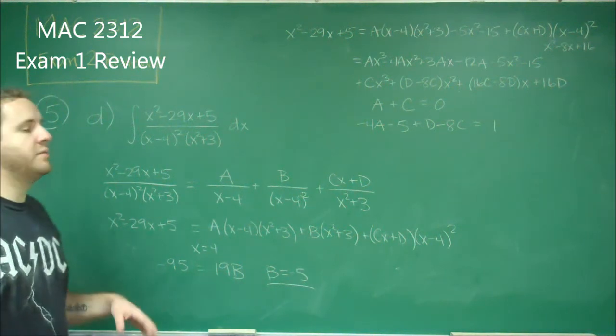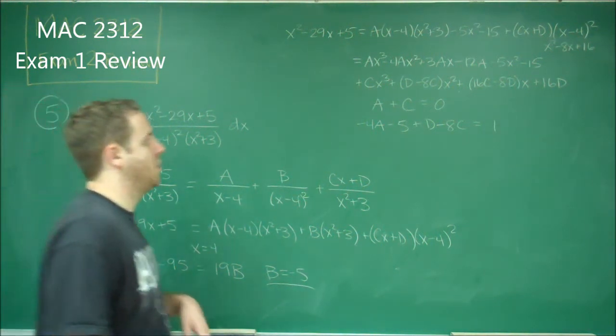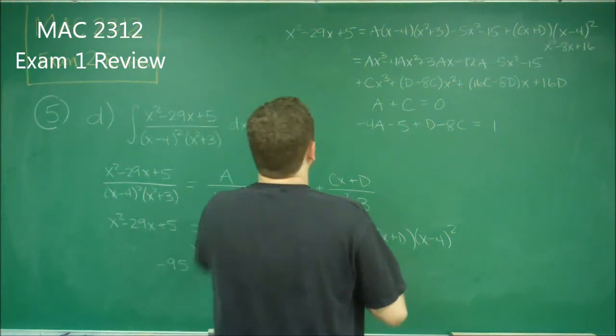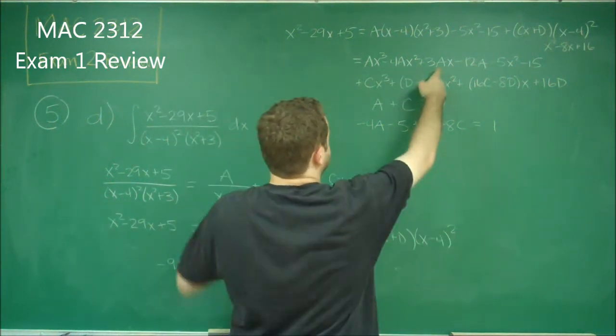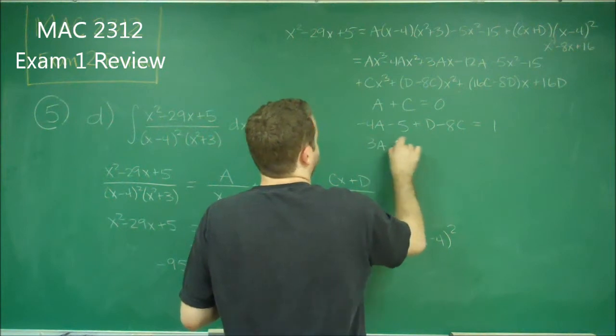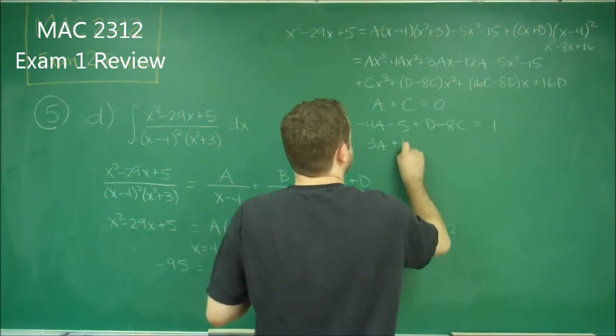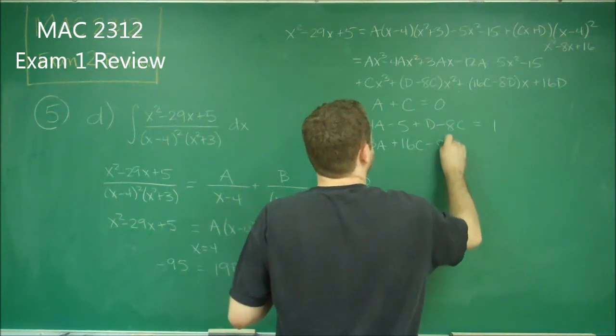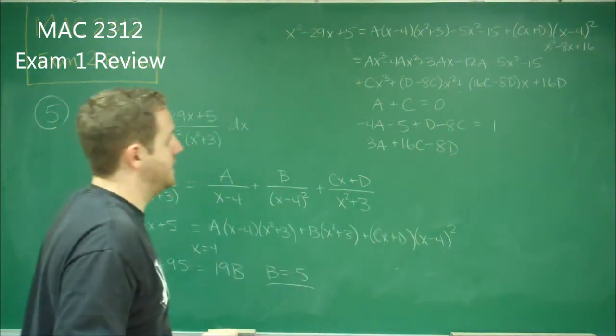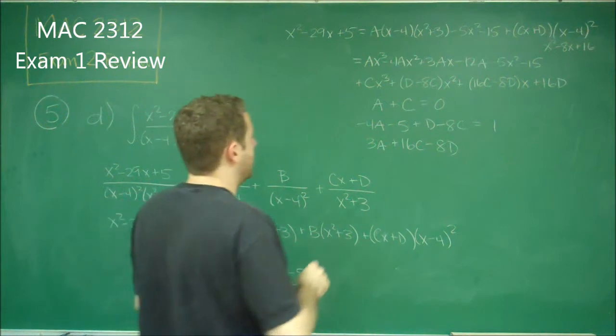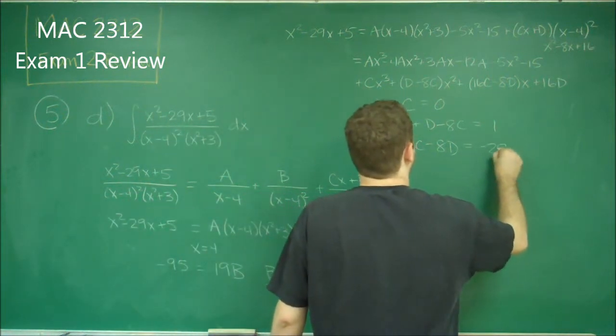I'm going to write out all of the equations, even though we might not need to use all of them. For the coefficients of just x, we have 3A, we have 16C minus 8D. And that's it for this case. That all has to equal negative 29.